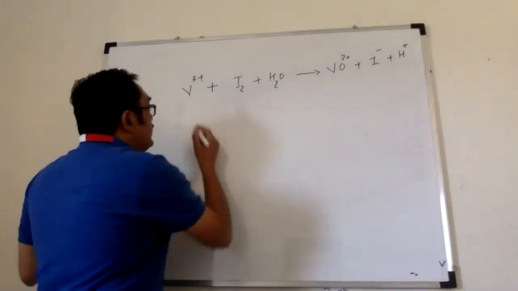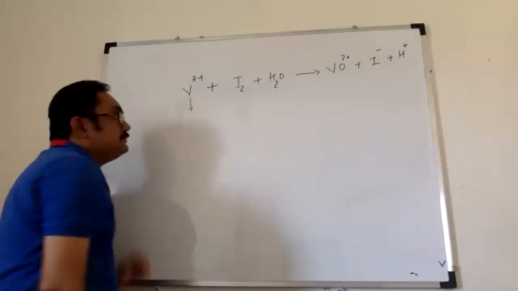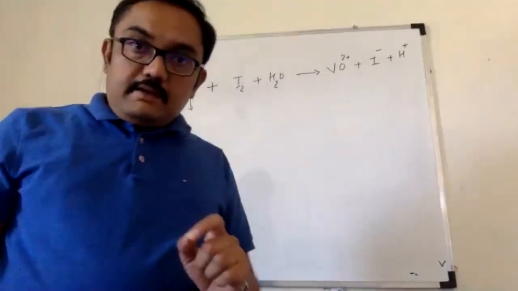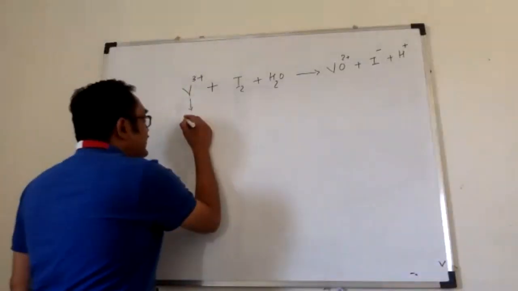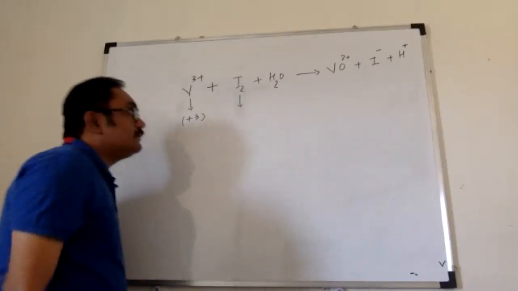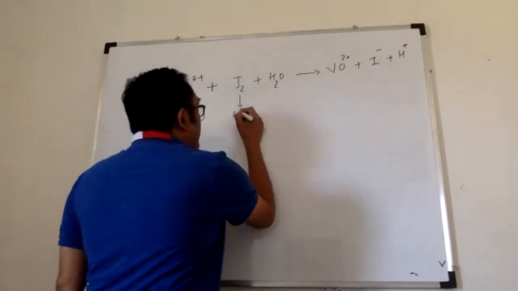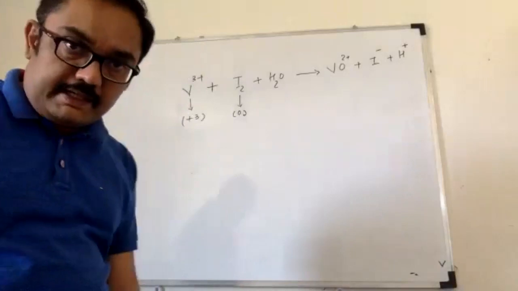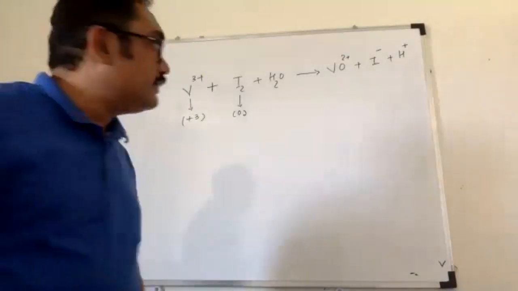So, what is the oxidation number of vanadium here? Plus 3. Any single atom with a charge has that charge as its oxidation number. What about iodine? 0. Okay, I am not labeling hydrogen and oxygen as they are unchanged. I am only labeling the atoms that change.